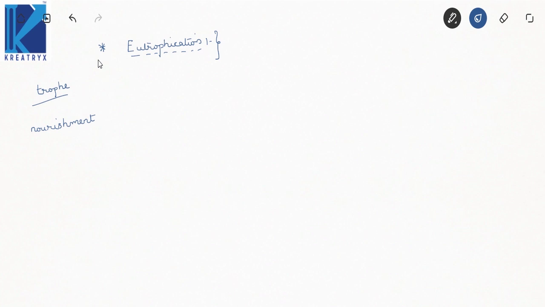Eutrophication refers to natural or artificial addition of nutrients, right?